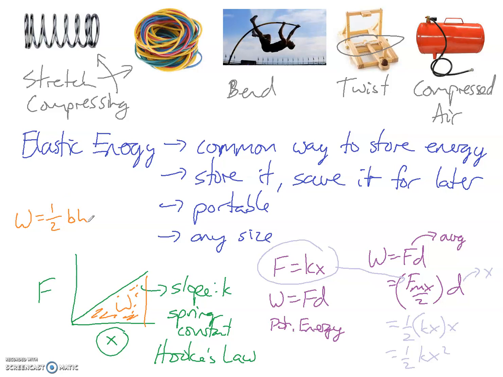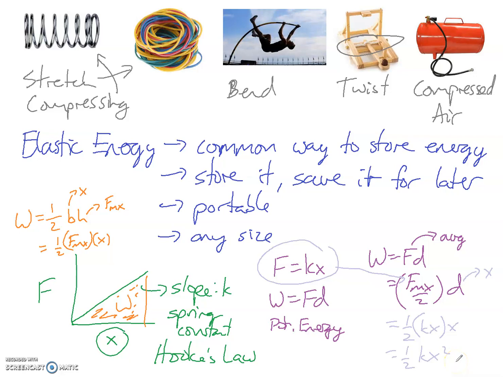Well, the base is your x value. The height is the maximum force that was used, and we can piece it together this way. You can see this will end up being the exact same thing that we had over here. So we've got the 1/2, we've got the maximum force, and we've got the x value again. Then you could do the exact same substitution for maximum force as being kx, and you'll end up with the exact same expression that we had over here.